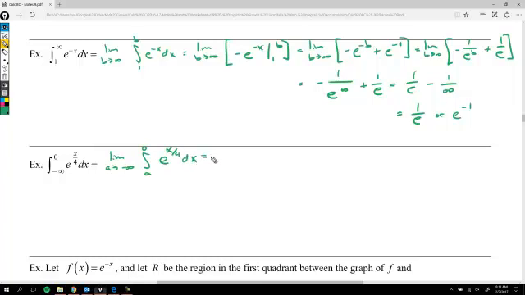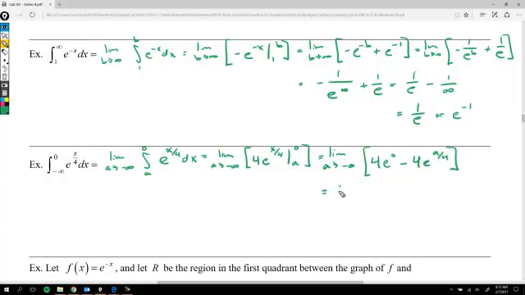Now we evaluate our integral. So 4e to the x over 4 from a to 0. And then again, the first fundamental theorem. So I have 4e to the 0 minus 4e to the a over 4.